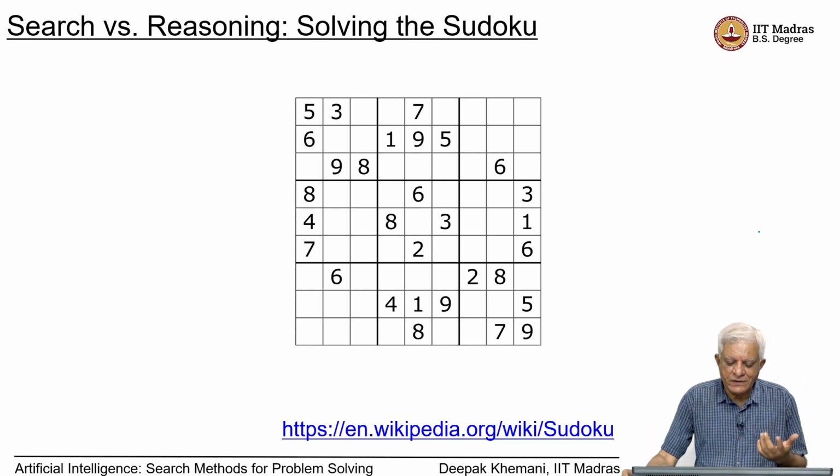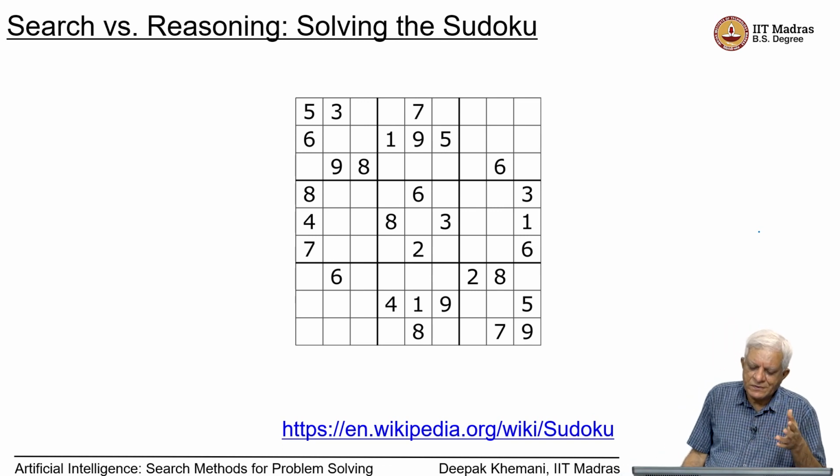So, 1 can be used only once, 2 can be used only once, and so on. Typically, the puzzles which appear in newspapers are something like this, a partially filled Sudoku, and you have to fill the rest.